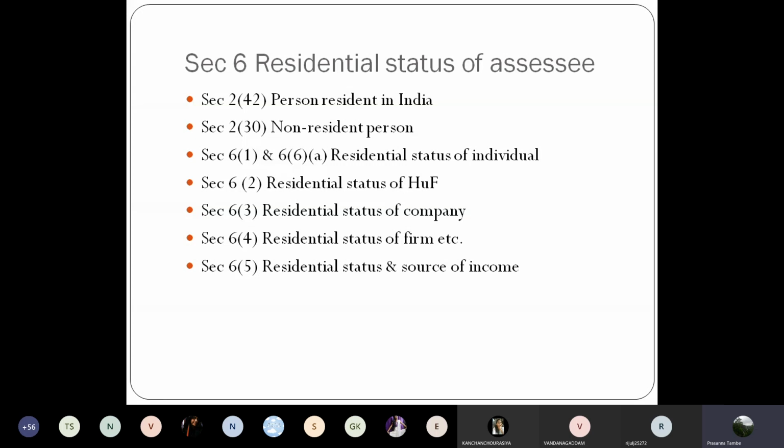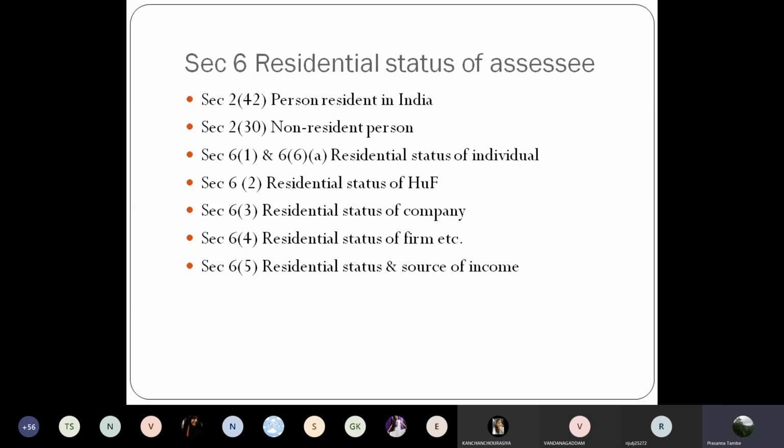If you want to fix the status of a company, then the relevant provisions are contained in section 6, subsection 3. If you are referring to the status of a firm, association of persons, etc., then the applicable section is section 4.